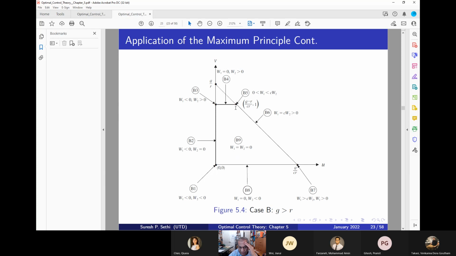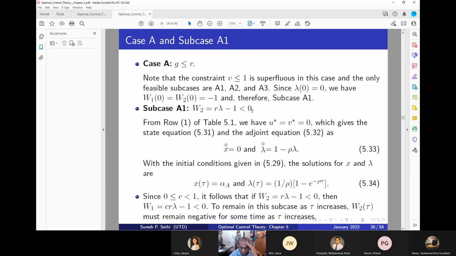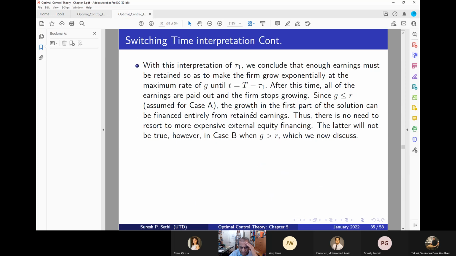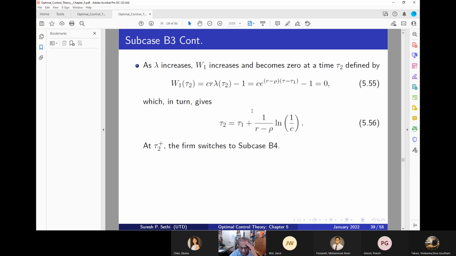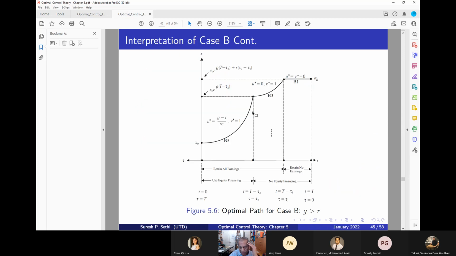But before I go to analysis, it might be interesting to see what is going on in a picture. So the picture looks like this. B1 was the same as before. B3 is similar to before because the only difference was that there the V star was G by R. Here it is 1.